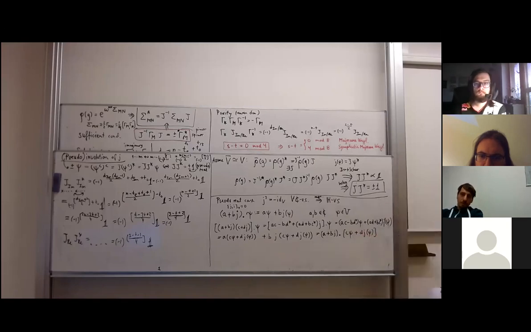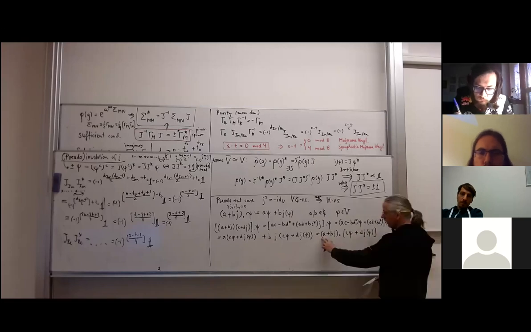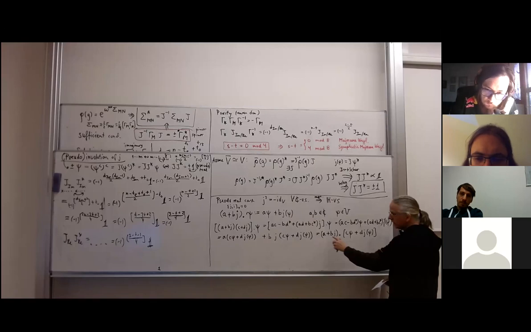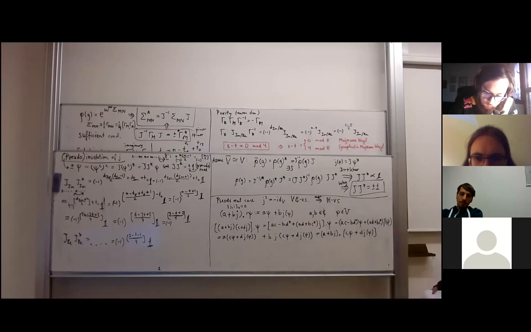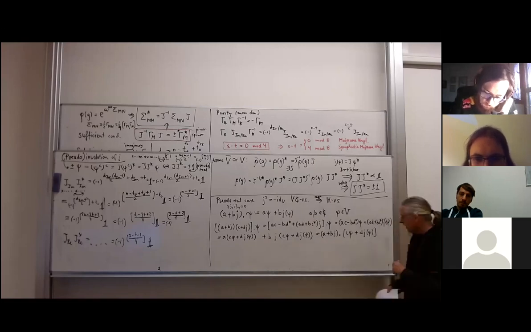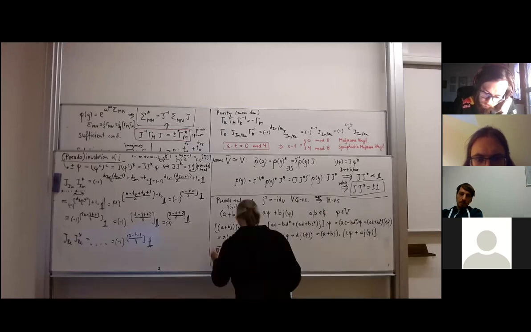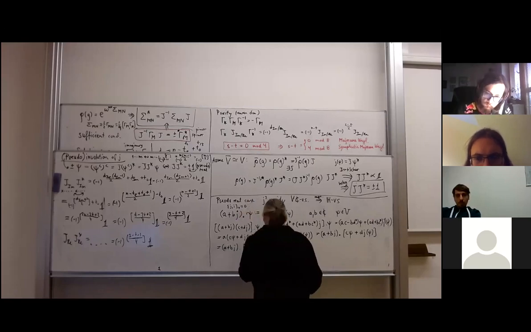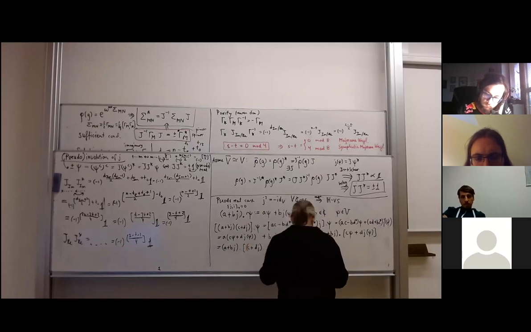So you can convince yourself that when you use this formula here, then you exactly get this formula. And then the last part is the same as A plus BJ acting on C plus DJ acting on psi.